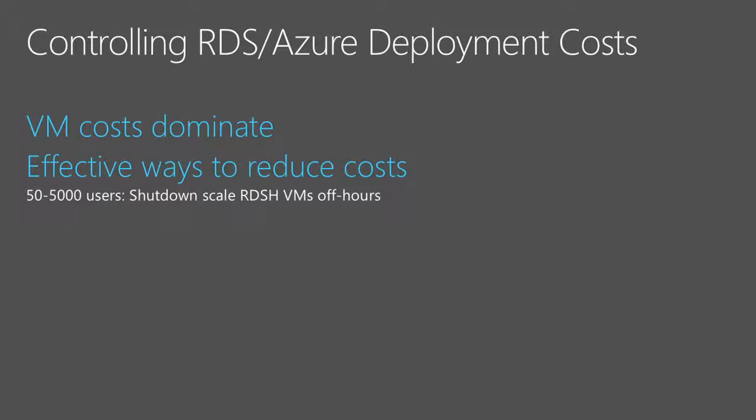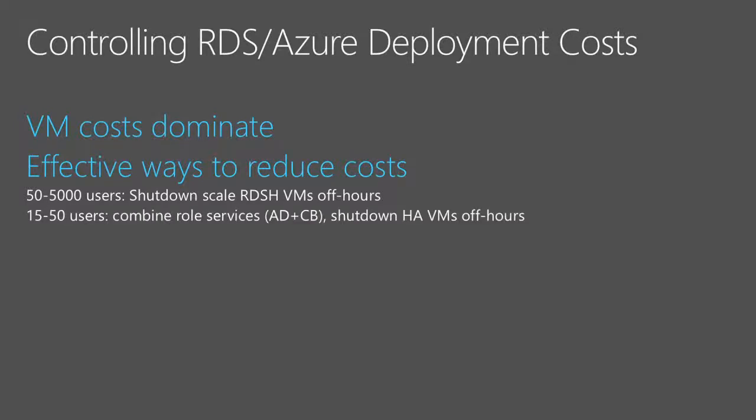So if you have a fairly large deployment, let's say 50 to 5,000 users, primarily you're going to be concerned with those RDSH servers, right? Because you're averaging those infrastructure servers, the gateway and the broker, for example, across so many users that it's not going to be significant. It's those RDSH servers that you're concerned about. And so you want to spin those guys down during the off hours.